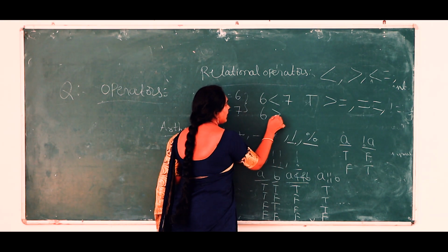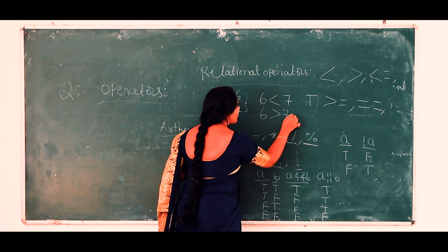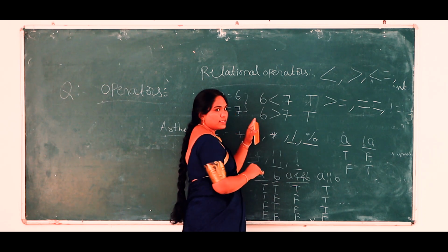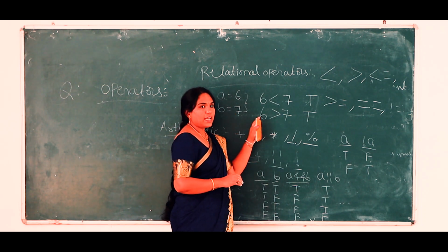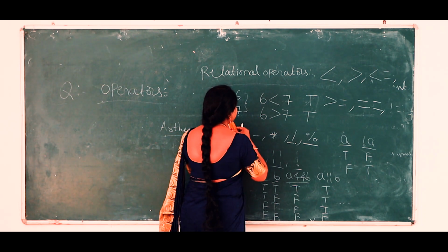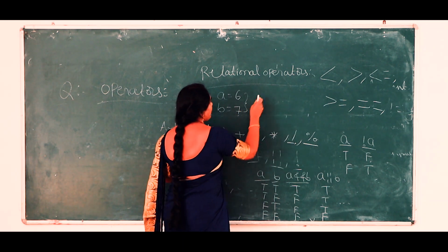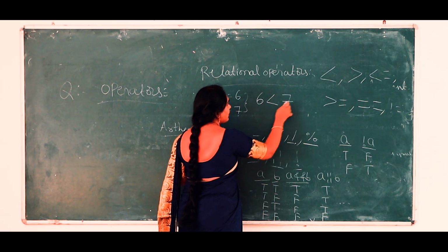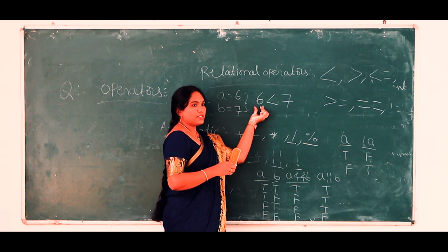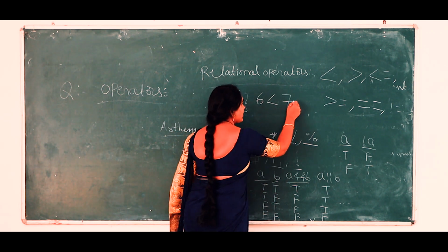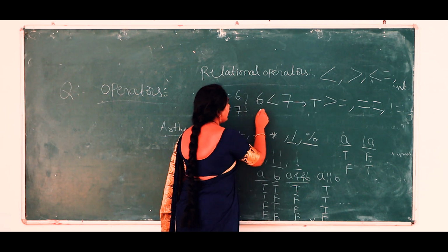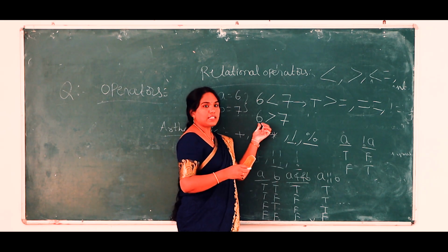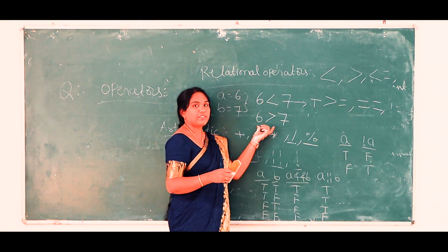6 is less than 7. Now, really, 6 is less than 7. Yes, it gives the answer true. 6 is greater than 7? No, it is less than 7 actually.